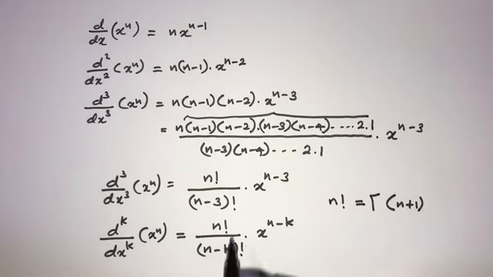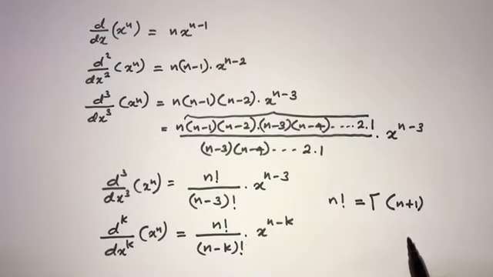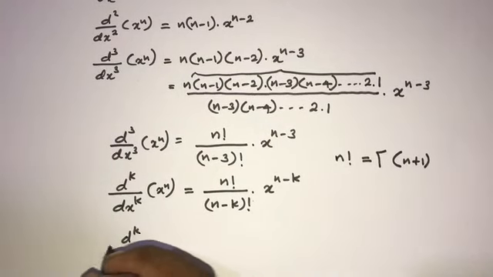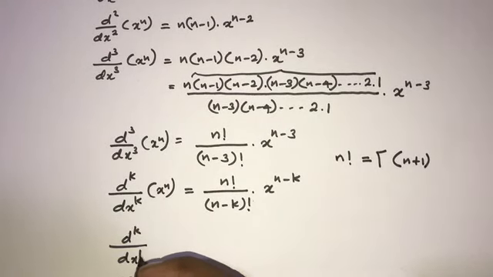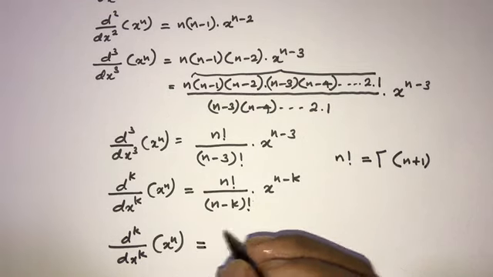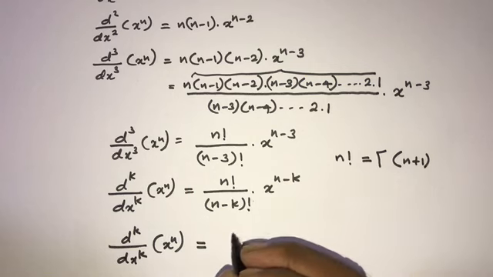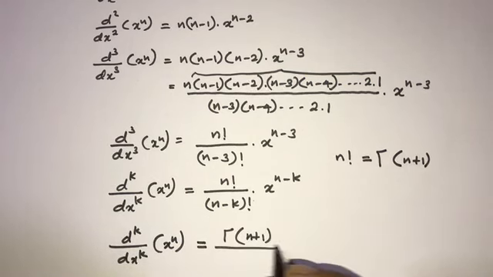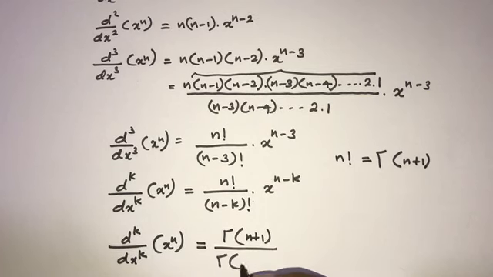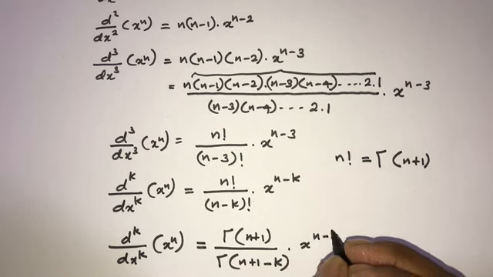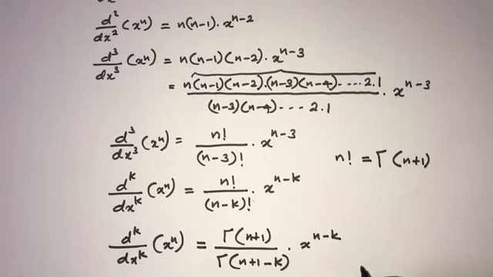So we can write this equation with the gamma function. d^k over dx^k of x to the n is equal to gamma of n plus 1 over gamma of n plus 1 minus k times x to the n minus k power.